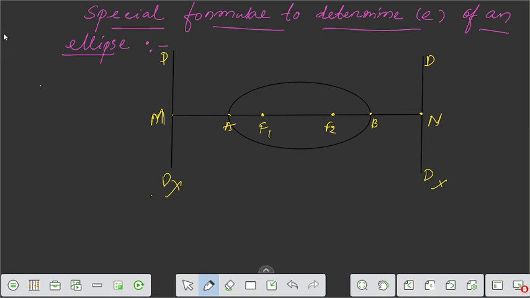We know the eccentricity formula is AF1 divided by AM. Also, for this curvature, the eccentricity will be BF2 divided by... I have to select this curvature.